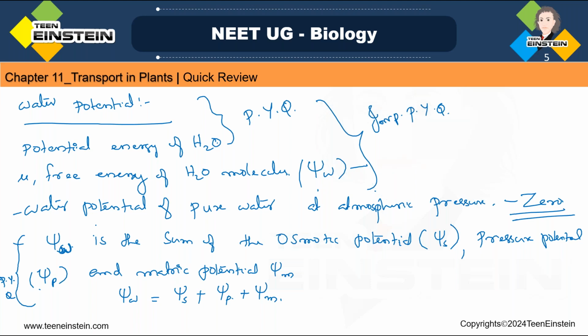That is the expression of adsorption of water by colloidal particles. So water potential is the sum of the osmotic potential, pressure potential, and matric potential. This should always be in your mind. This is very important and repeated many times. Psi W is equal to psi S plus psi P plus psi M.